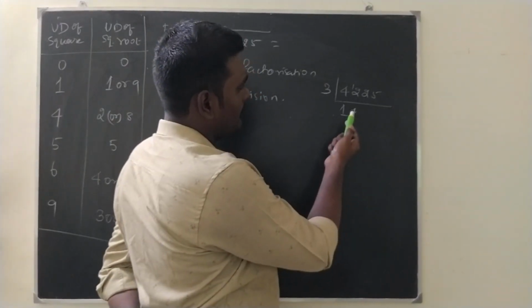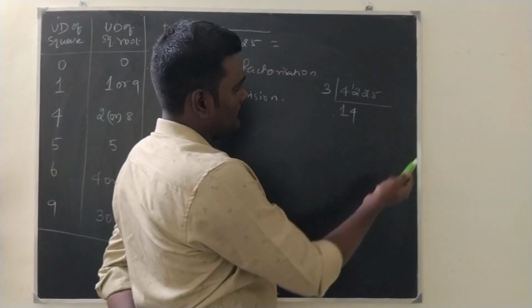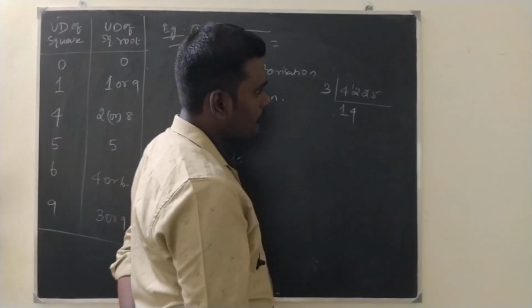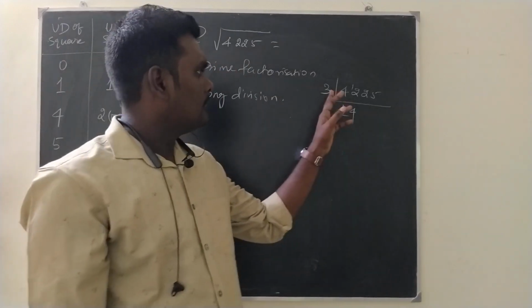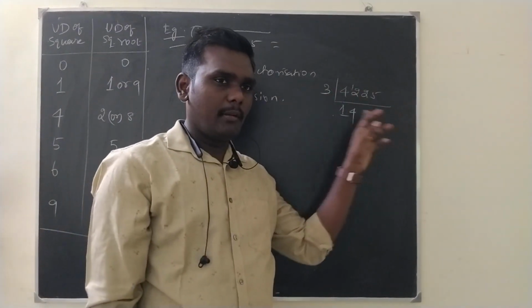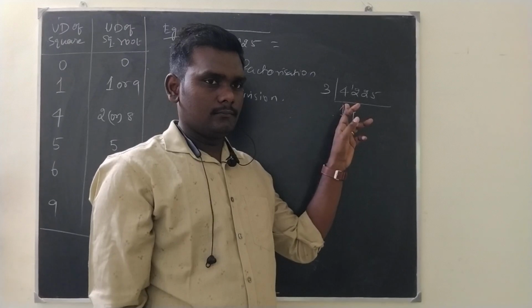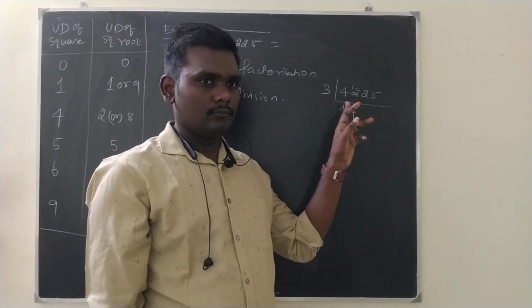This is not divisible by 3, I guess. Is it divisible by 3? How will you check whether this is divisible by 3 or not?